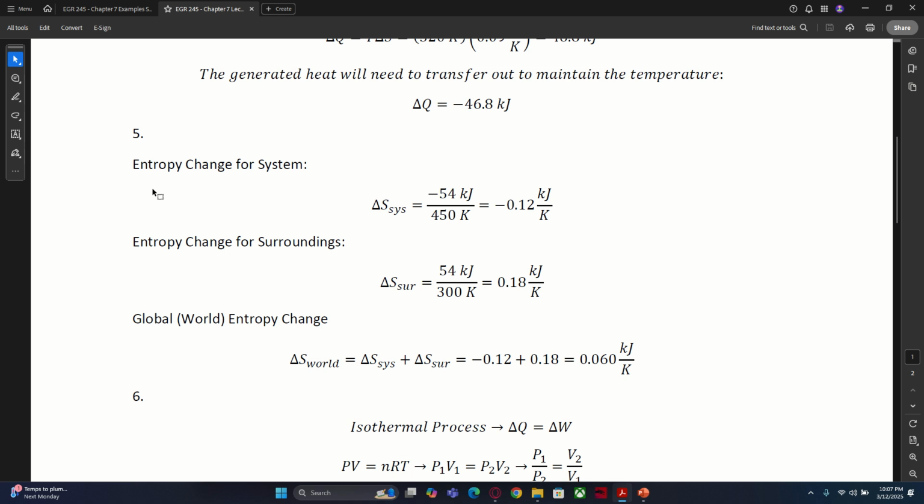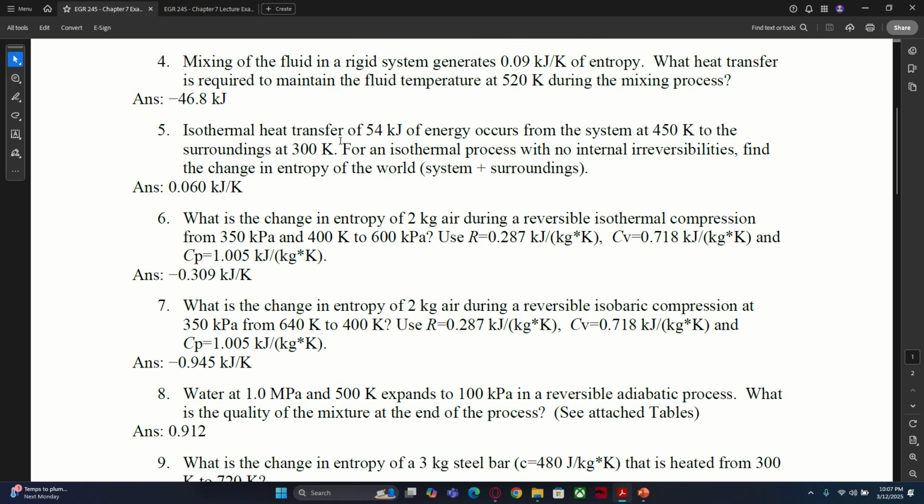First off, we're going to need to calculate the entropy change for the system. Delta S of the system is going to be negative 54 kilojoules divided by 450 Kelvin. As we reread the problem, the 54 kilojoules goes from the system to the surroundings, so it is leaving the system.